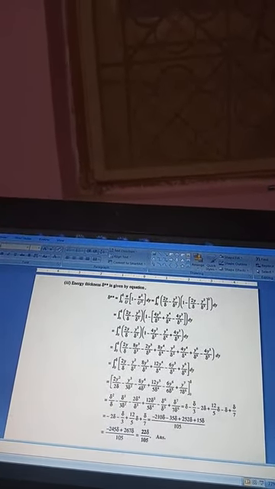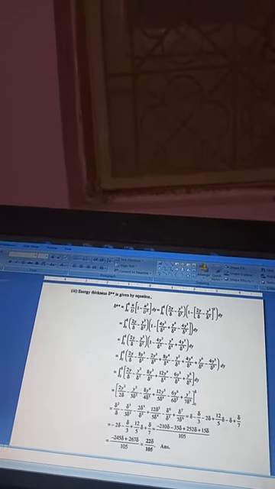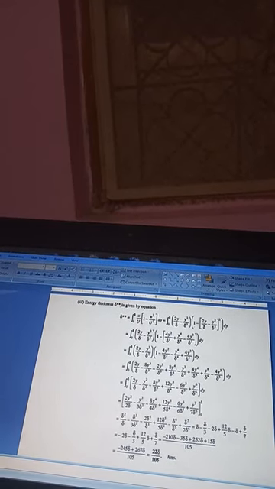So the main point here is that the three formulae for displacement thickness, momentum thickness and energy thickness, you have to remember and just put the value of the velocity profile equation and integrate it to get the thickness. So this is the numerical on boundary layer theory.